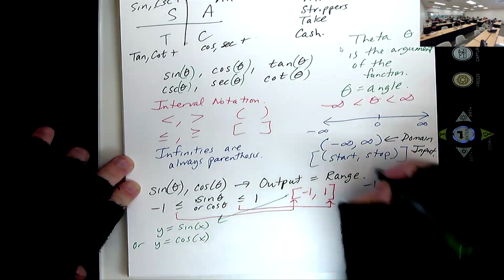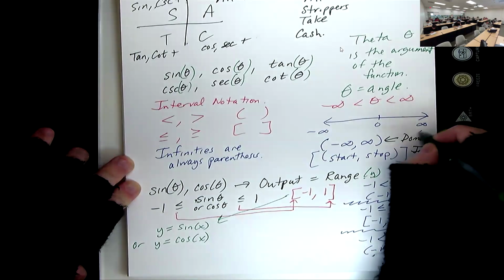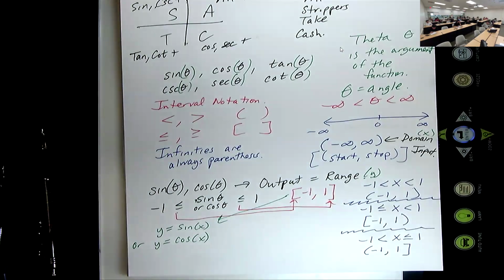We usually associate range with y and domain with x, but we can use theta instead. When we graph these, you'll see that the highest it goes is +1 and the lowest it goes is -1, and it makes a nice little wave. I don't know if we're doing that in chapter 5 or later or sooner.